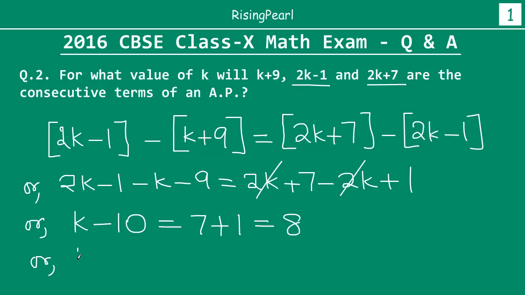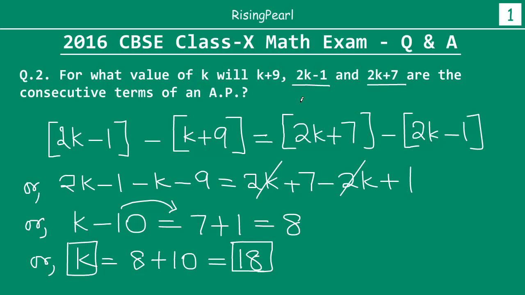From here we get k equal to 8 plus 10, since this minus 10 goes to the other side of the equal sign and becomes plus 10, which is 18. That means for k equal to 18, k plus 9, 2k minus 1 and 2k plus 7 will be consecutive terms of an arithmetic progression.